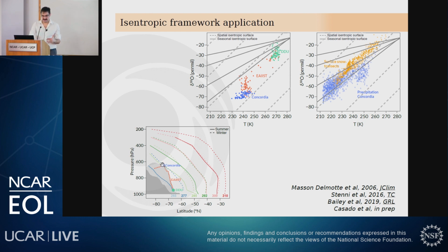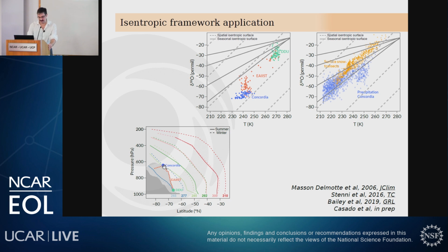But it's very different if you're looking at a single site and at the temporal variation of isotopic composition. Then, for example, summer at Concordia would be on the 2077 isentropic surface, and winter, no, it's actually the opposite: summer will be on the 2085 surface, and winter on the 2077.